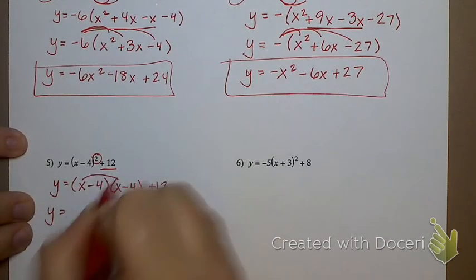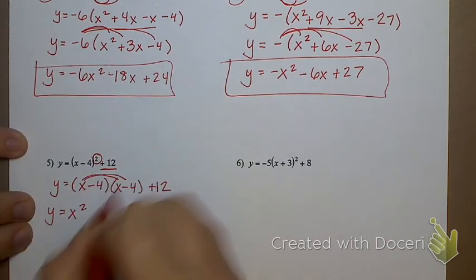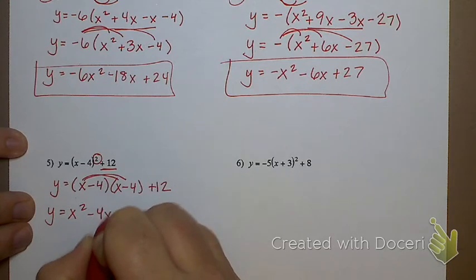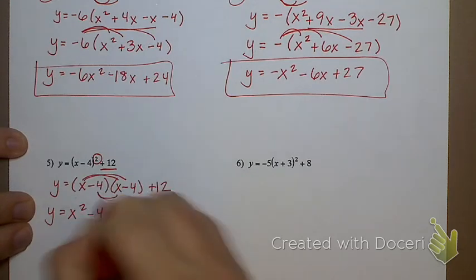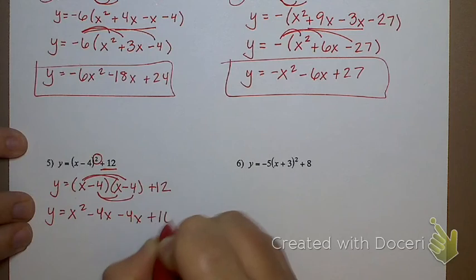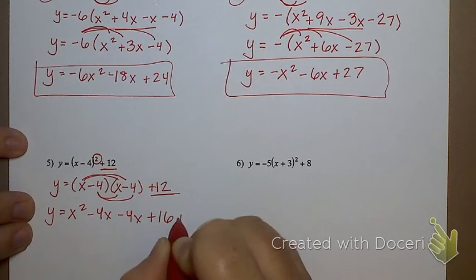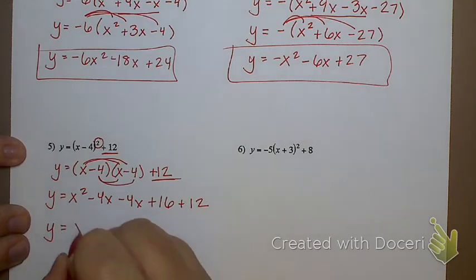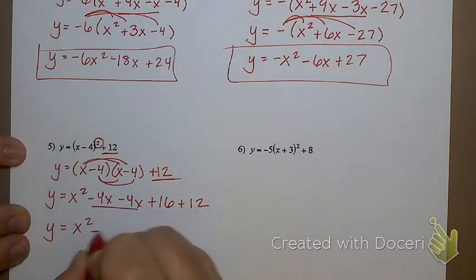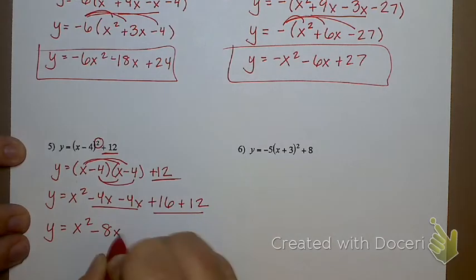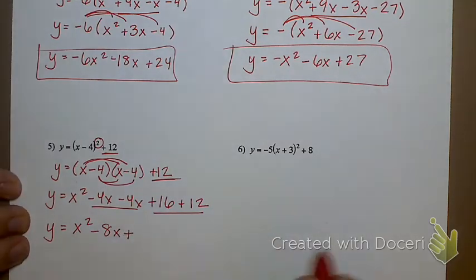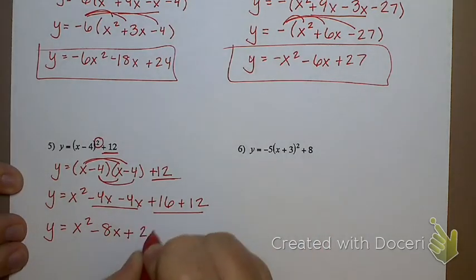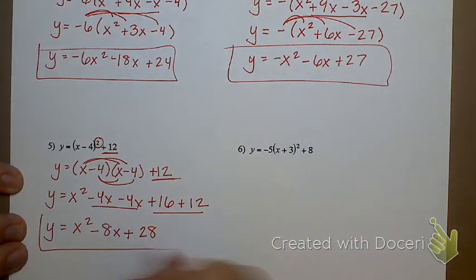So, x squared minus 4x minus 4x plus 16, and then plus 12. Oh, that's not hard. So I have x squared minus 8x, and then what? Plus 16 plus 12? Yeah. Done.